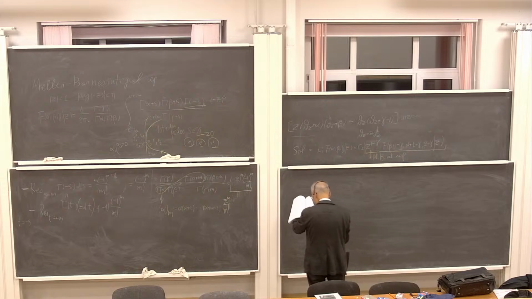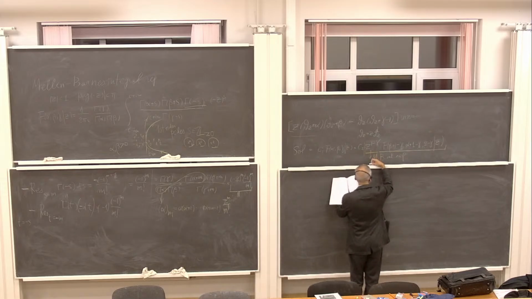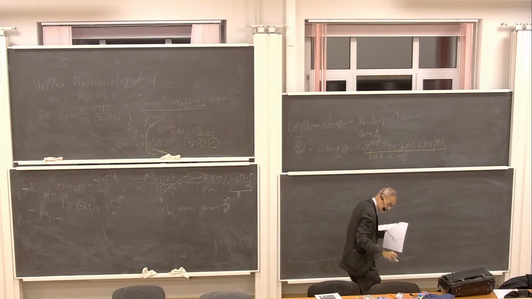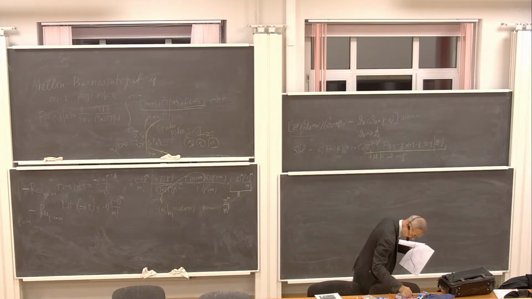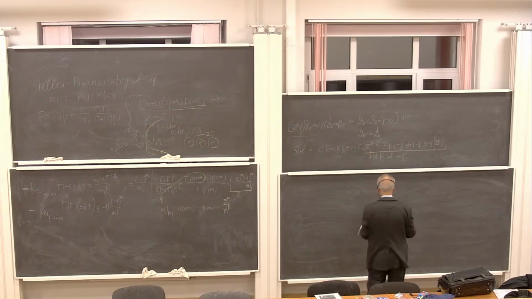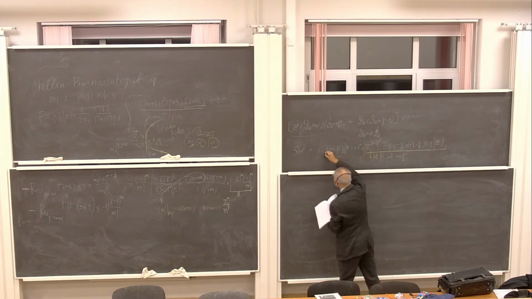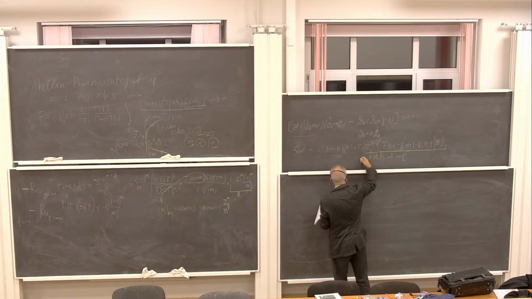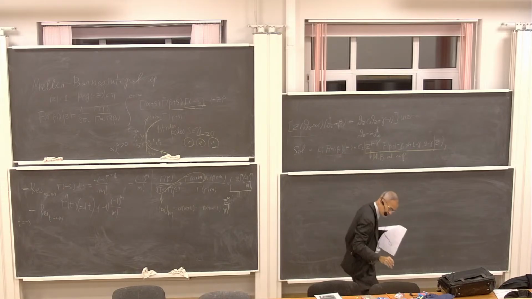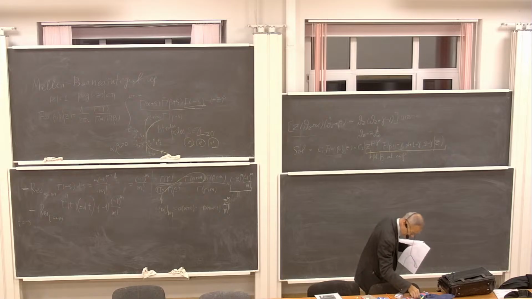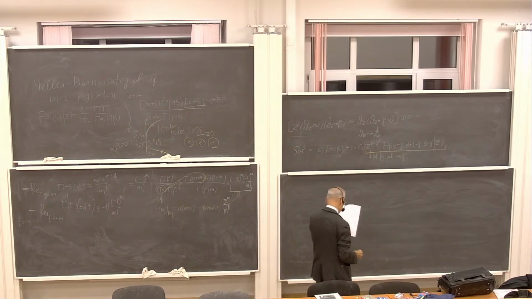So the answer is: this function, the Mellin-Barnes integral of the second function, maybe I denoted it by f2 somewhere. This one f1, or I don't remember. Maybe there's some constant factor that may be different.